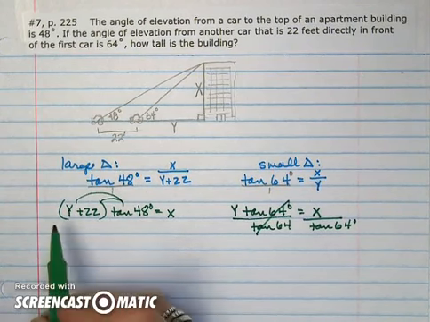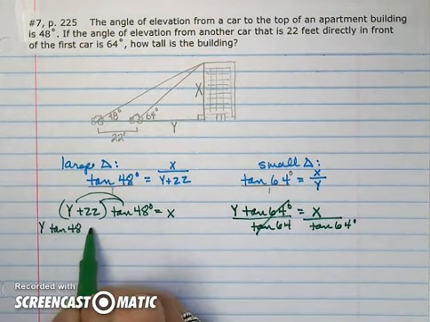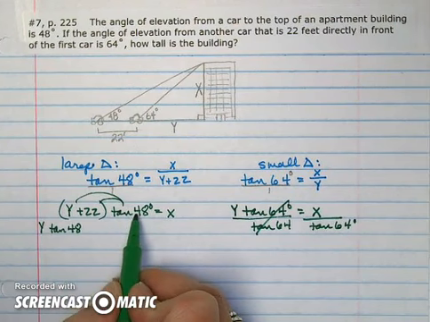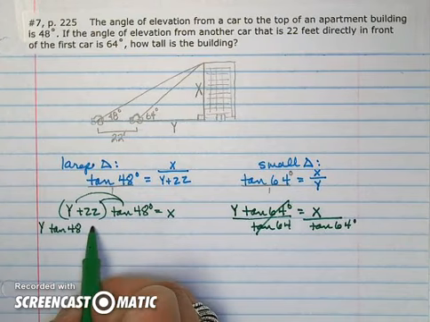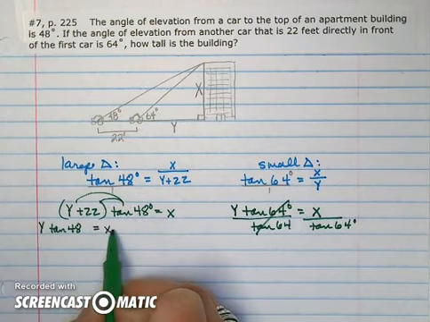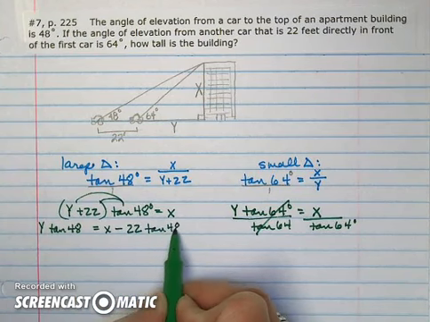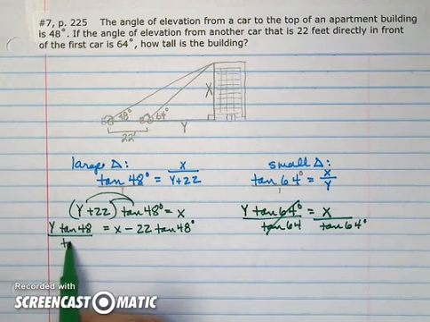So I would have y tangent of 48, and then this would be 22 times tangent of 48. I'm going to move that to the other side. All right, if I move that to the other side, then I have x minus the 22 tangent of 48. I'm close. I need y equals, so I'm just going to now divide both sides by tangent of 48.